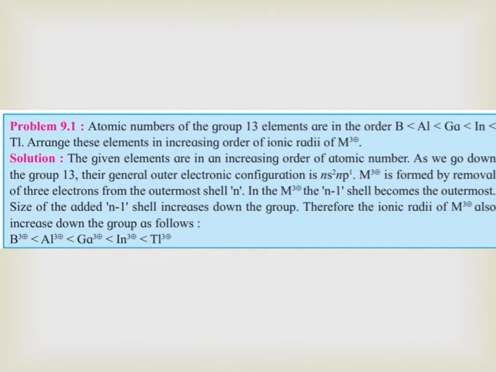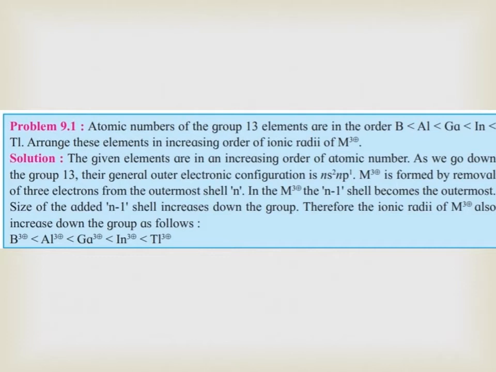Now students, let us come to the solution. We know that group 13 has the general outer electronic configuration of ns2 np1, which means there are a total of 3 electrons in its valence shell. When one electron is removed from the valence shell of a metal, it acquires M+ charge.